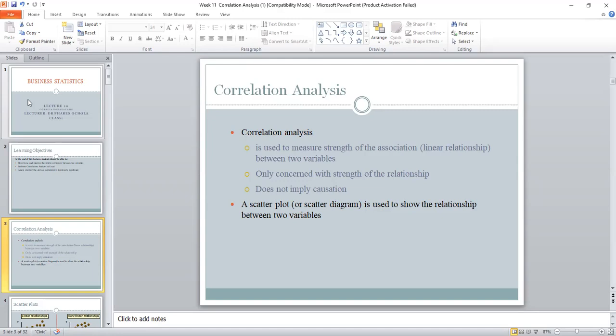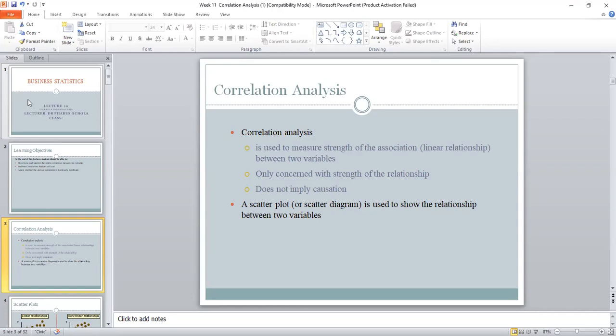For example, the example I have here is fuel consumption efficiency of vehicles and their weight. We know for a fact, and engineers will tell you, that the heavier the vehicle, the lower the fuel efficiency.